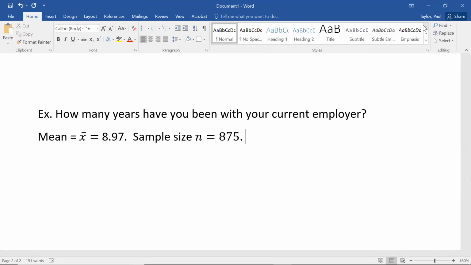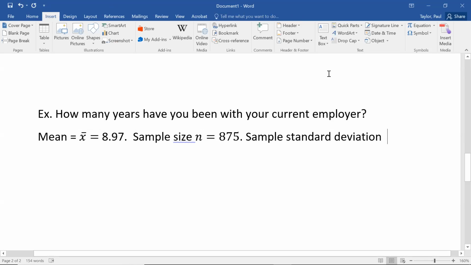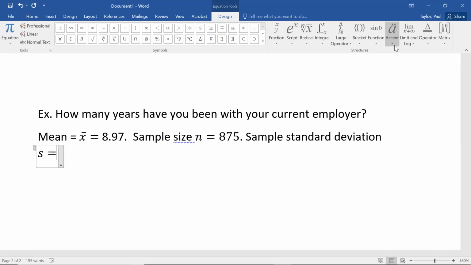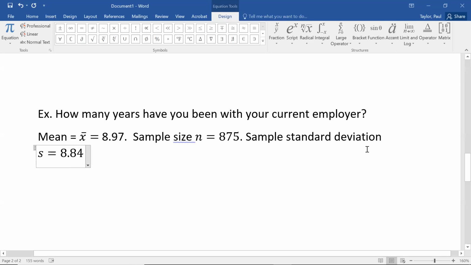So there were 875 people who answered this question, and the sample standard deviation was also given to us. We need to know that if we don't have the raw data, because it factors into our formulas. So that was 8.84.